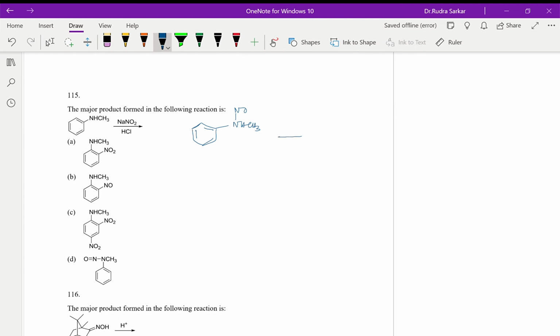However, in the presence of HCl, the NO is released as an electrophile, so this is plus and this is Cl minus.